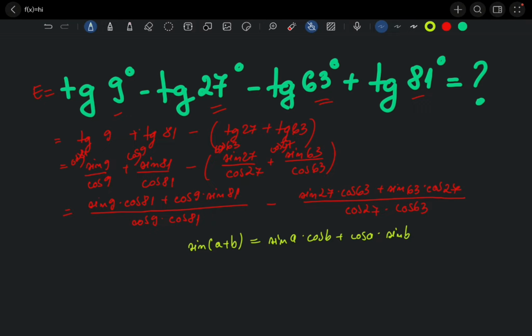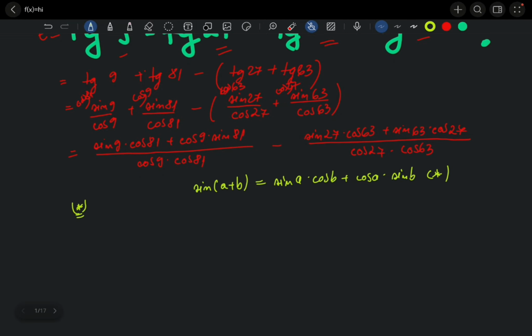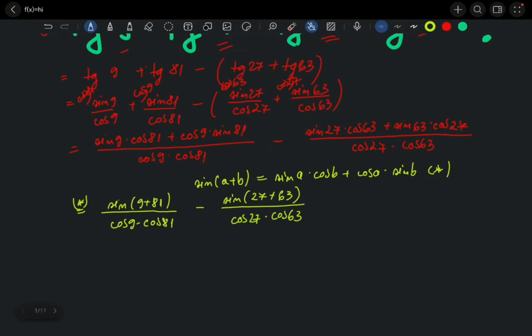By using this property in our expression, we get sine of 9 plus 81 over cosine of 9 times cosine of 81 minus sine of 27 plus 63 over cosine of 27 times cosine of 63.